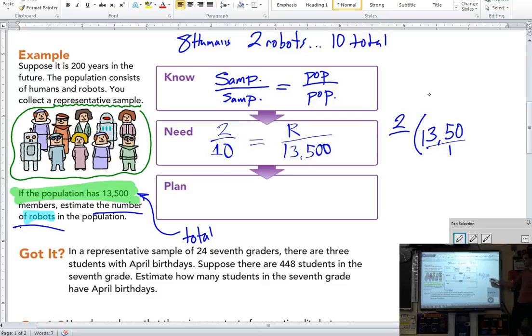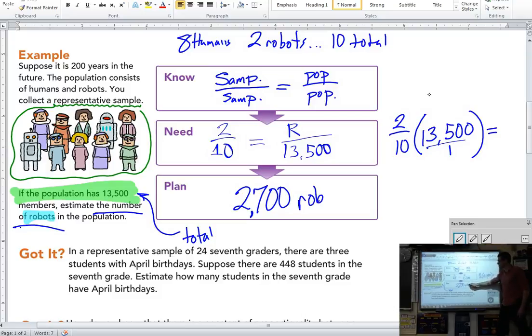Well, I can double all this and see that I get 2,700 with my comma in the right place. So I'm going to put back the 10 and put back the 0 so it looks like it makes sense. But that tells me 2,700 robots in my population.